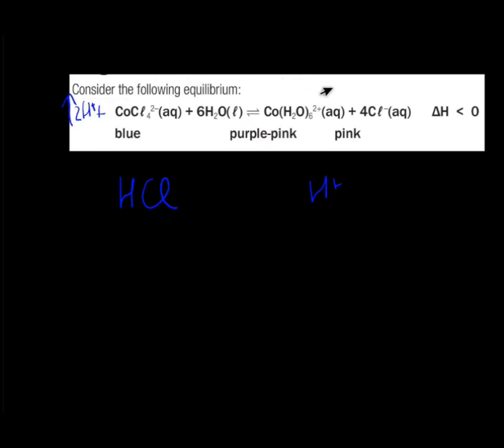Because in the forward reaction, these are reactants and these are products. But in the reverse reaction, these are now reactants and these are products. So if H plus is increased, the system will oppose the increase by favoring the reaction that will use it as a reactant.